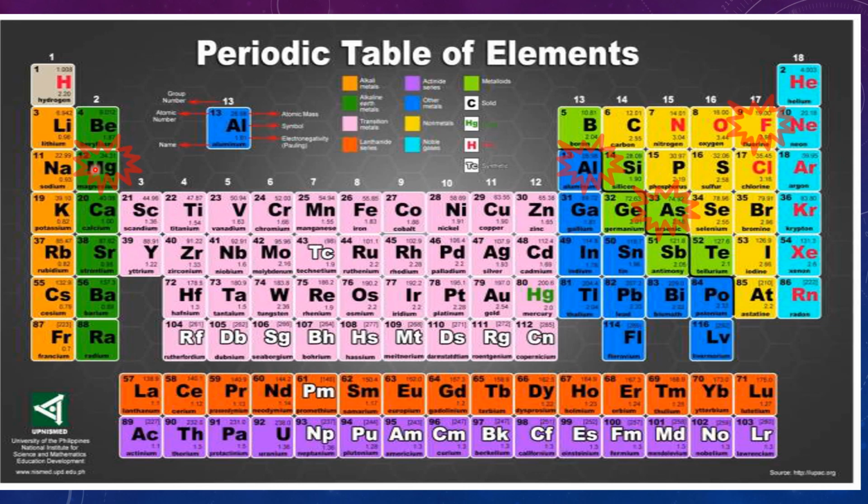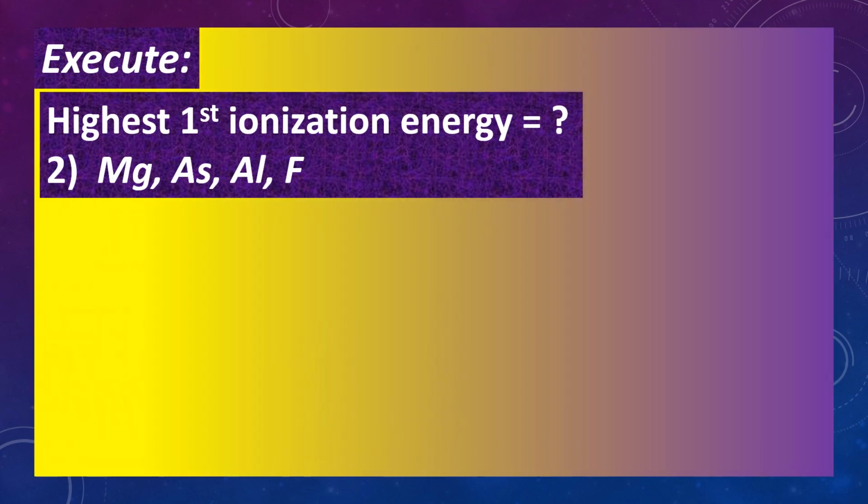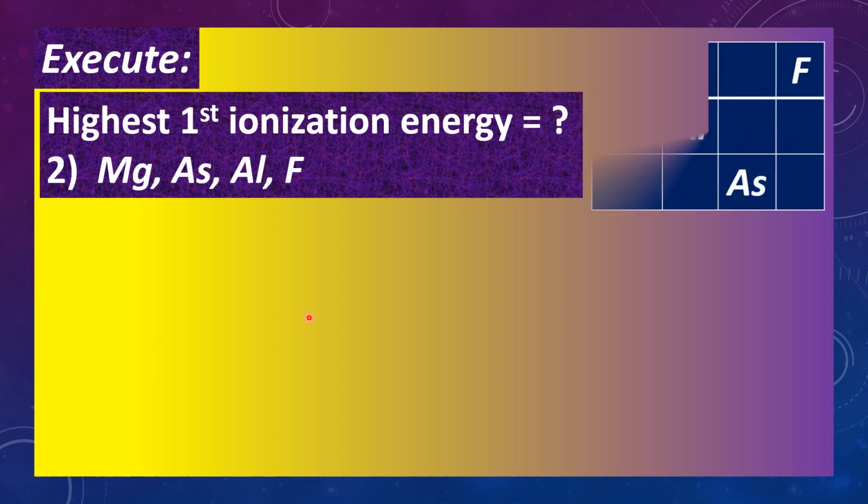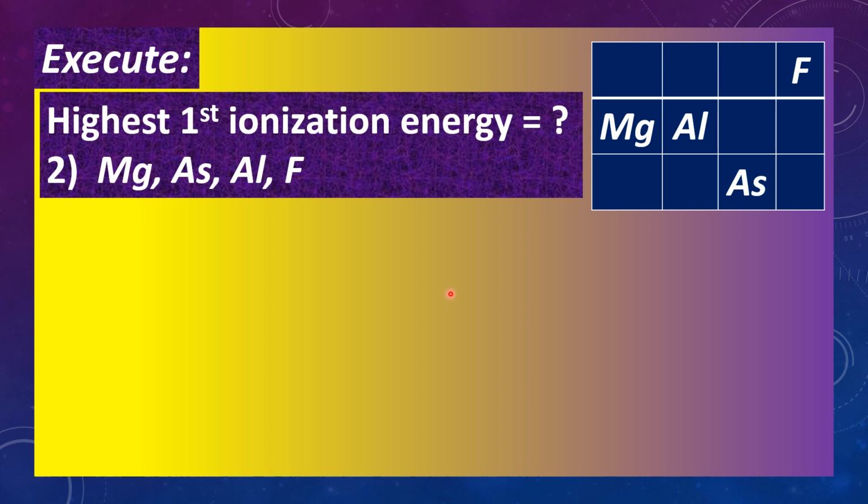You have here magnesium and aluminum. This is arsenic here, and of course, that's fluorine. So we have here the relative location of the elements in the periodic table.